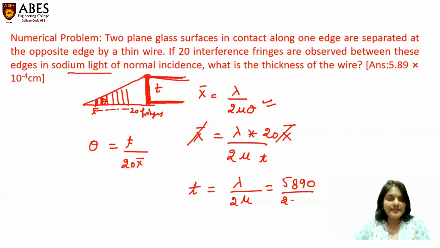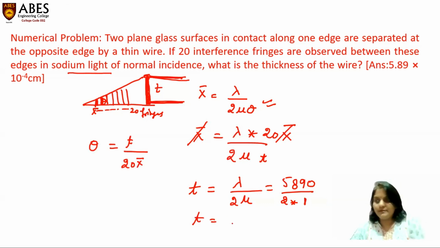Mu is the refractive index of the film. If no mu is given, it means there is air, and the refractive index of air is 1. So calculate T, but here we have the 20 also.